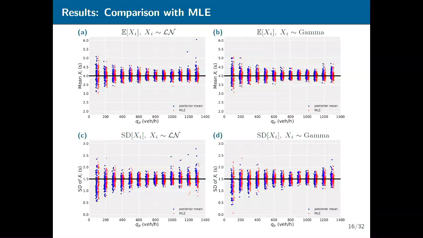Although you do have the whole distributions for the posteriors, in this case we just summarize by the posterior mean to get a point summary, and therefore you have something that is comparable to the MLE. The blue circle here is the posterior mean. The red crosses are the MLE. The points are roughly aligned with the corresponding major stream volume and jittered horizontally a little bit so you can actually see them.